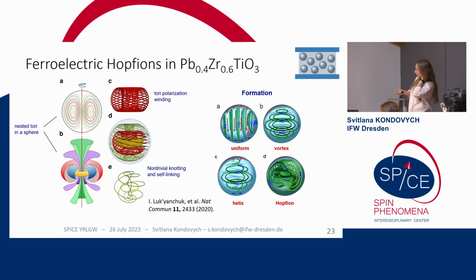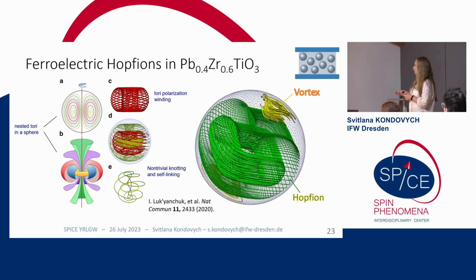In figure C, you see the vector lines escaping in the third direction and creating this helix, and then the vector field lines do a turn and go down, and the Hopfion appears. The spherical particle looks like that.